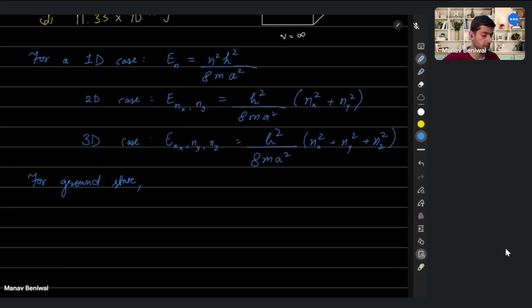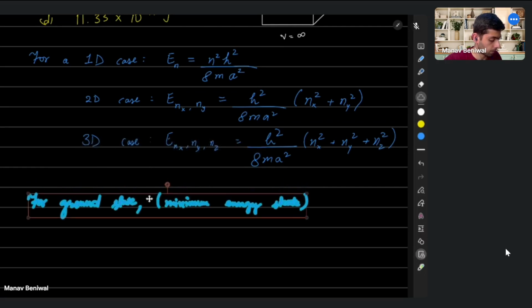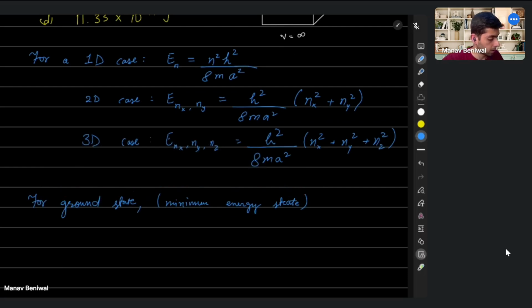Ground state is the minimum energy state. Here these nx, ny, nz do not start from 0, they go from 1, 2, 3. So they are basically natural numbers, positive integers starting from 1.